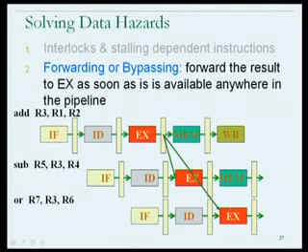Now, this idea of solving data hazards is called forwarding or bypassing, and the general idea is one should find a way in designing the pipeline to forward or to route the result into the EX stage as soon as it is available anywhere in the pipeline.